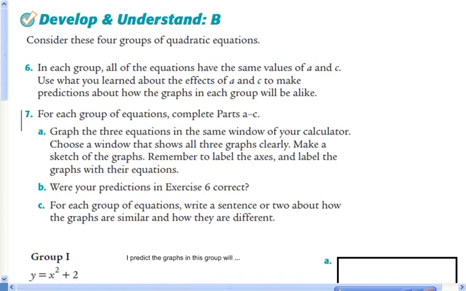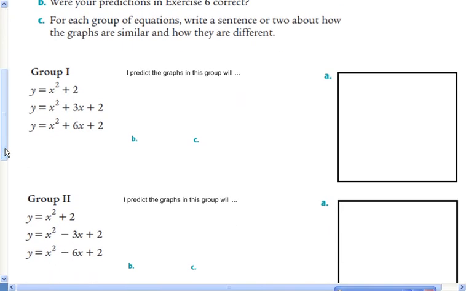All right, let's move on to another group of equations that we're going to study: x squared plus 2, x squared plus 3x plus 2, and x squared plus 6x plus 2. So basically what we're trying to find out here is what effect does that have on the graph? One prediction that we can make from the last problems we did is, you notice these all say plus 2 on them.